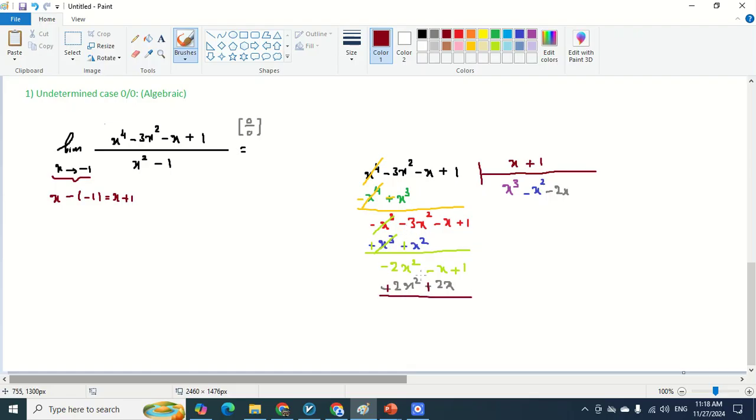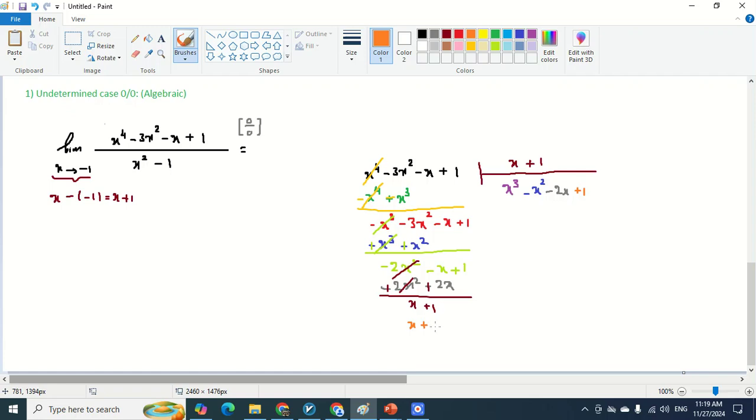So right now 2x squared will be cancelled from the expression, and 2x minus x will give you x, and 1 is coming in as a remainder. Right now you should divide x by x, which is equal to 1. So I just do the same thing, and 1 times x plus 1 gives you x plus 1.